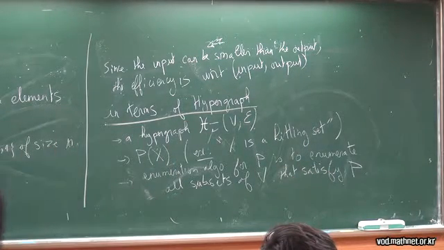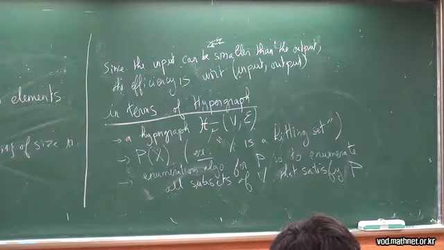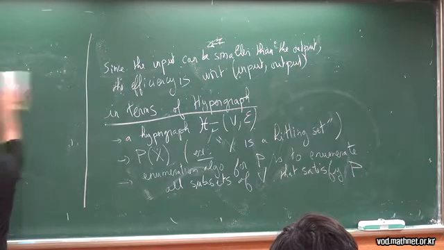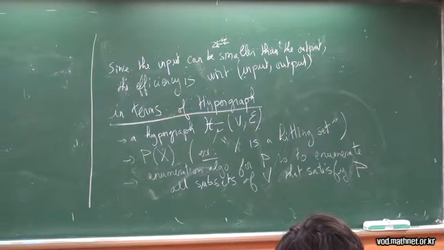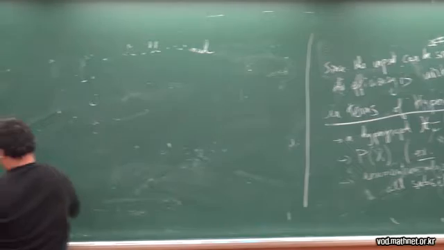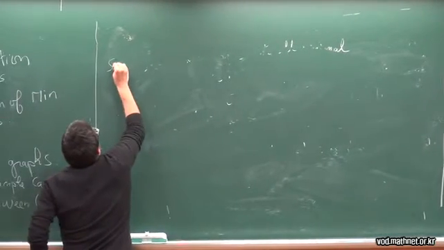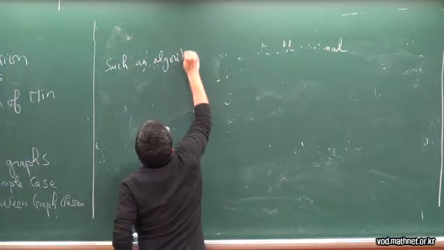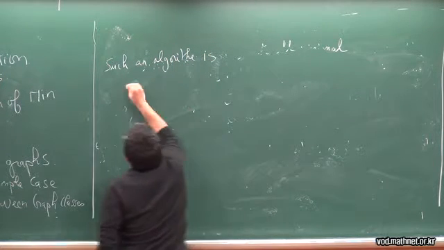Now, we call such an enumeration algorithm output polynomial.